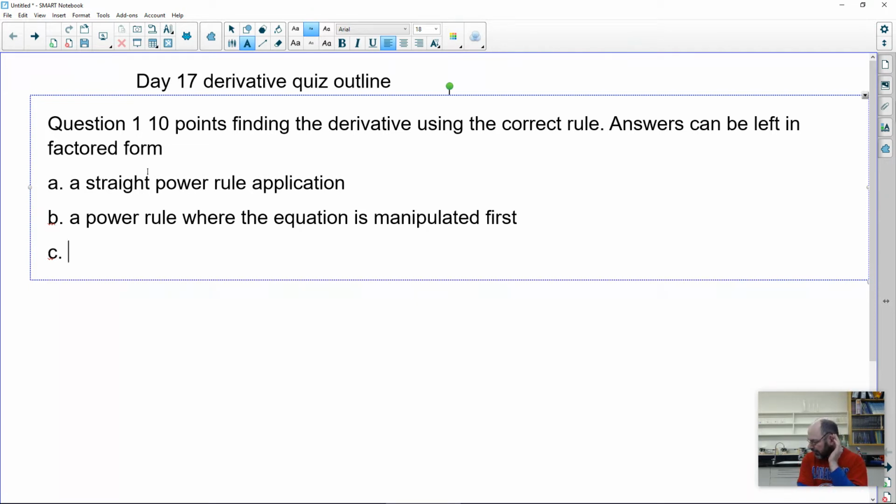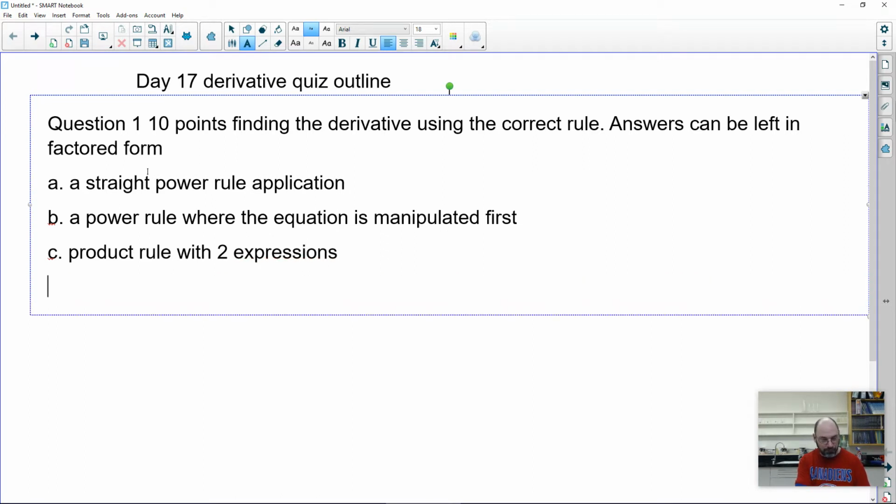Then you can also have a product rule with 2 expressions. Okay, and then you have a product rule with 3 expressions.